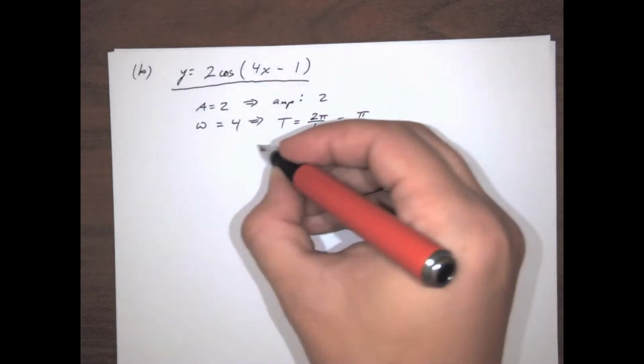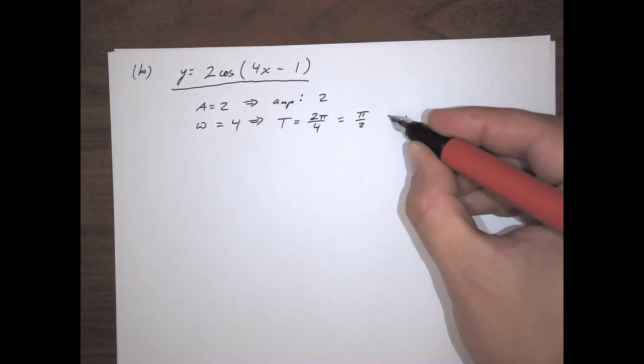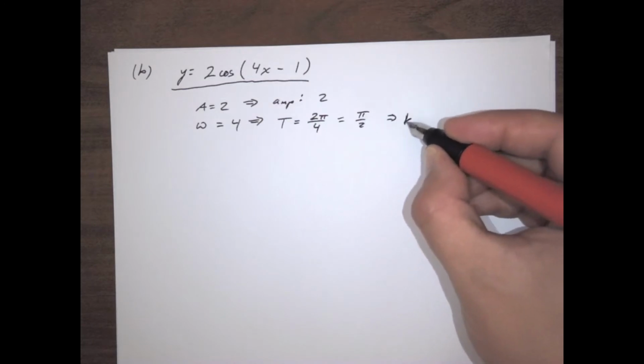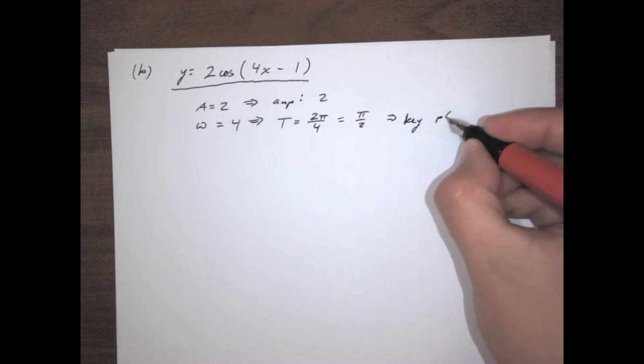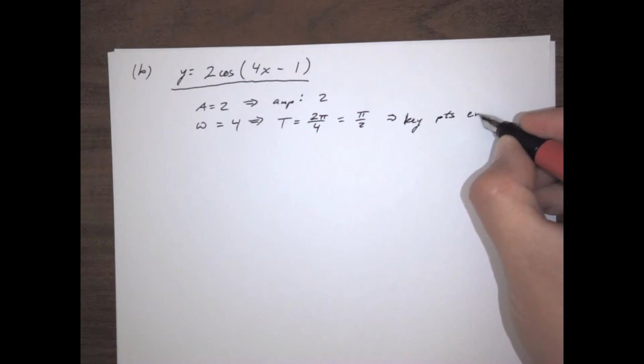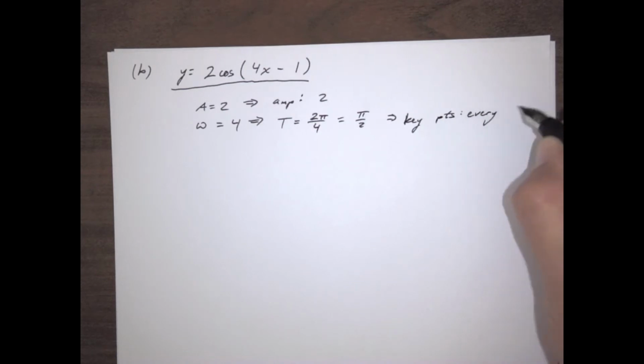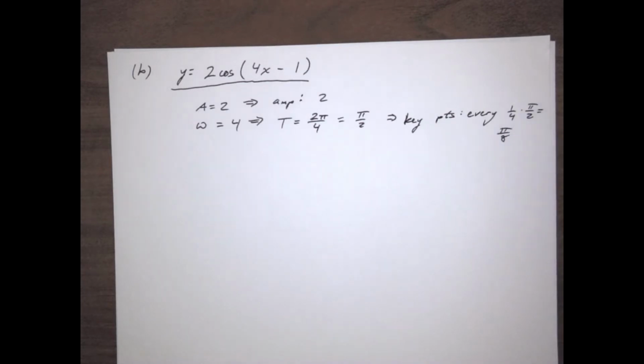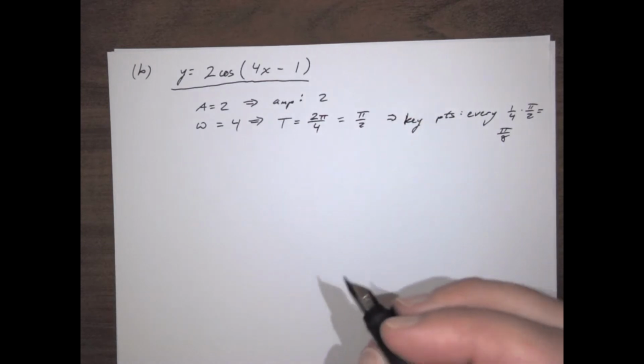And then that means that the key points are going to be every period times 1/4. So 1/4 times pi over 2 is pi over 8.